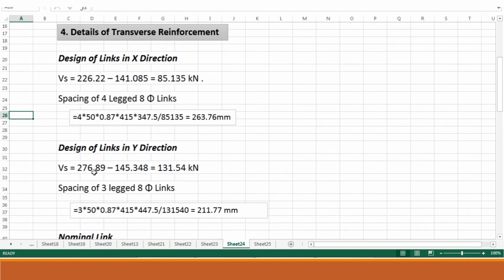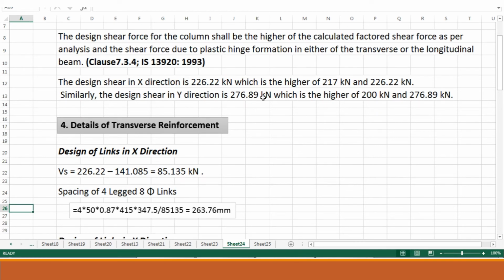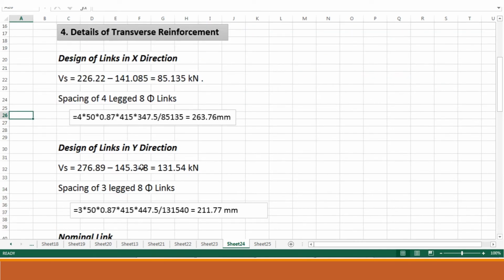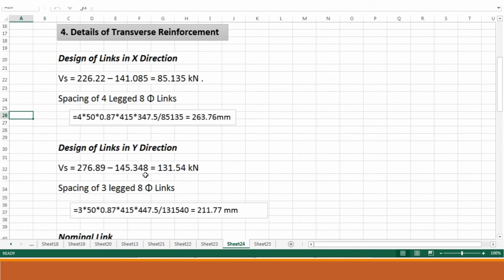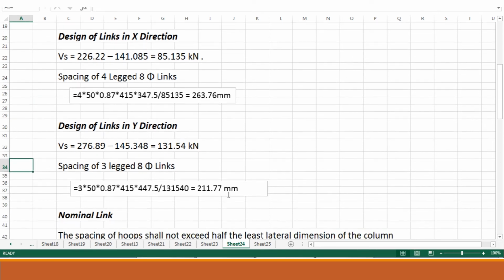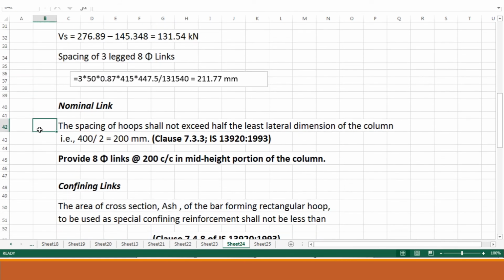Now similarly in the Y direction, Vu is 276.89 minus 145.348, which is the shear capacity in the Y direction. So the value of Vs is 131.54, and this is the spacing of three-legged 8 mm phi links. Thereby the nominal link spacing applies: the spacing of the hoop shall not exceed half the least lateral dimension of the column.